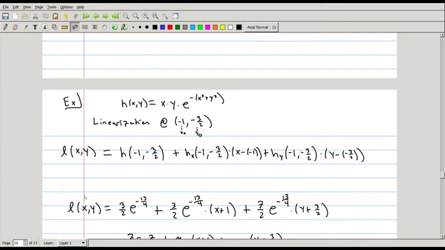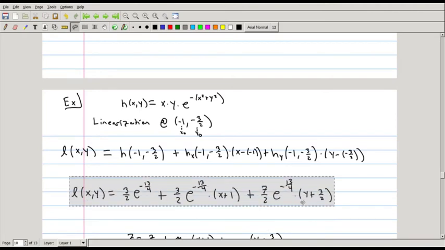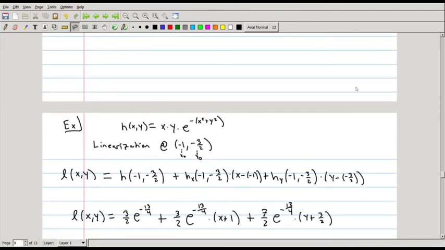This is just going to be the function itself at the point -1, -3/2, which is 3/2 e to the -13/4. The x partial derivative at this point we found to be 3/2 e to the -13/4 as well. Remember, this value right here is just the value of the function itself at -1, -3/2. So we're just plugging -1 for x and -3/2 into this function.